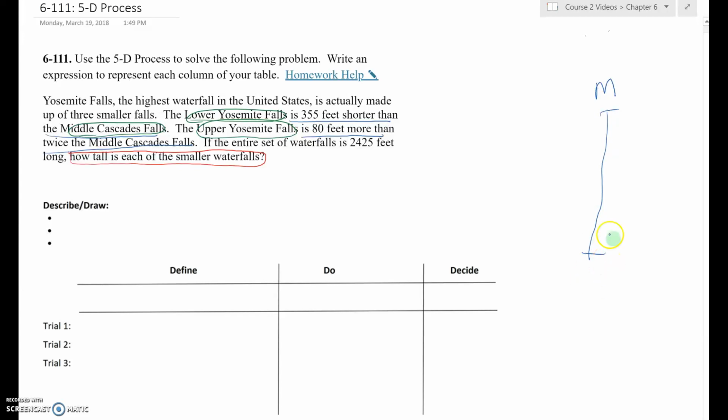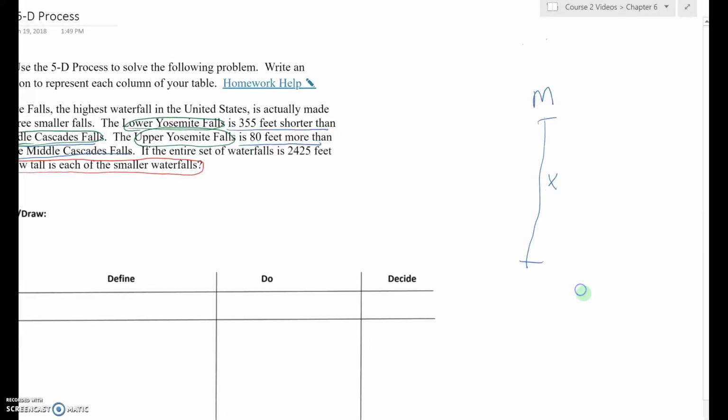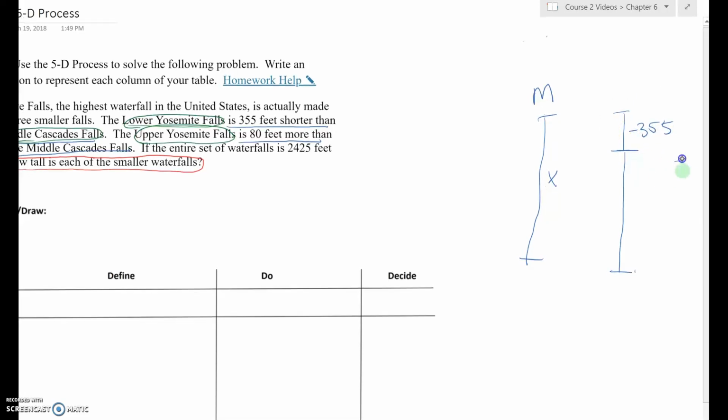We know that the lower falls is shorter than that, so this is X minus 355, because it says it's 355 feet less. So X minus 355 is this distance here. That's the lower falls.